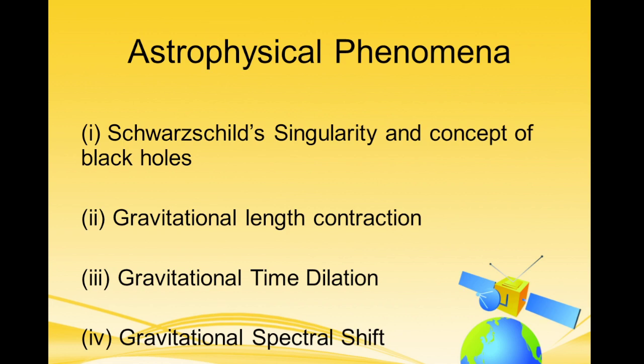That's the space part. And then again, we are going to consider motion along a radial distance. So again, our d theta, d phi will be 0. So we'll end up with the s squared being equal to 1 minus 2GM over c squared r to the power minus 1 dr squared.